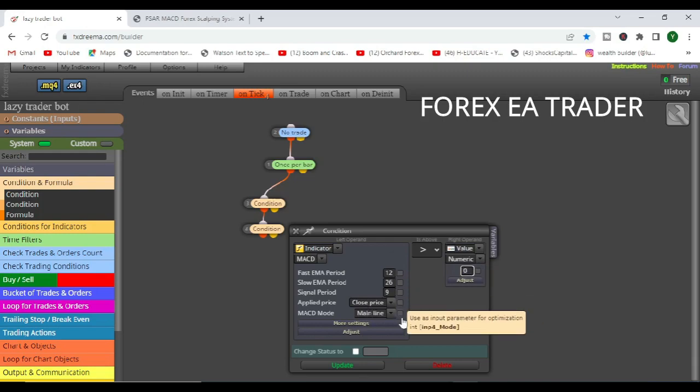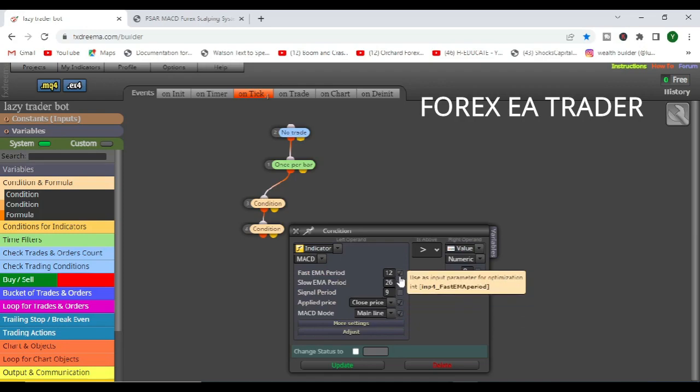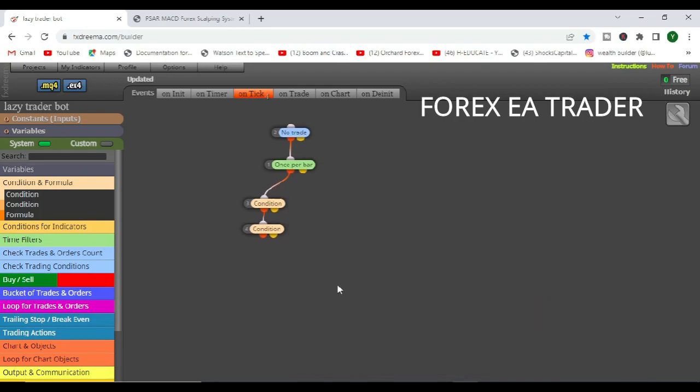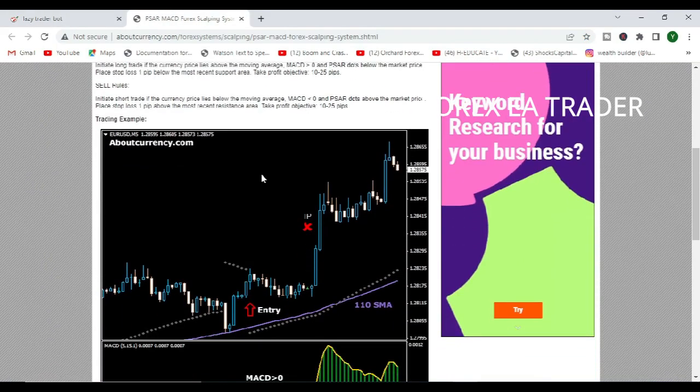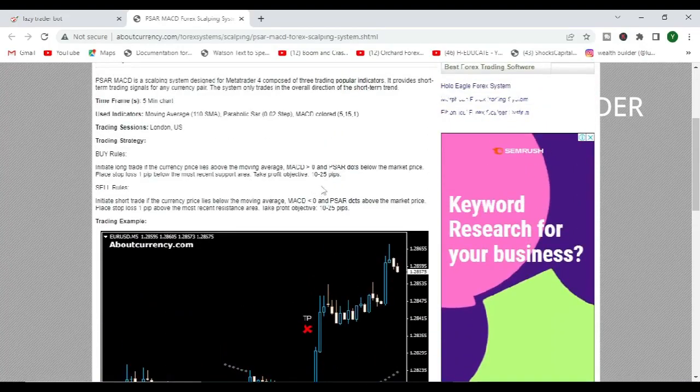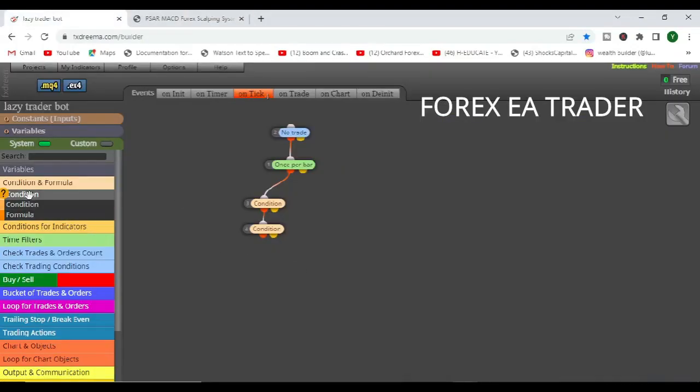So that's that for our MACD. You can maybe tick this so that you can change the values of the MACD on the MetaTrader 4 side without coming back to FXDREEMA. Then it says we need the parabolic SAR obviously to be below. So let's look for the parabolic SAR.